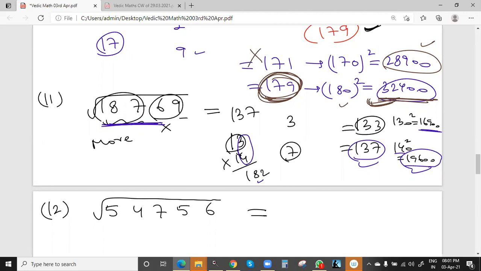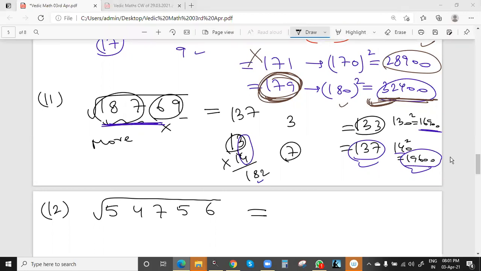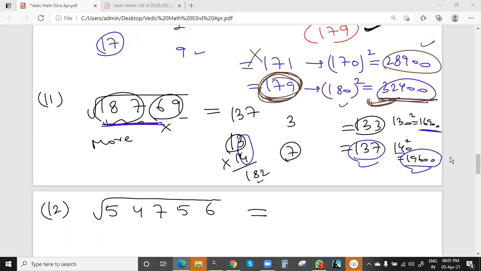Sir, did you get my answer? It's 234. 234 is the right answer. Ashish also got 234. Then Ananya, Diksha, correct. Roshan, Steve, right. Everyone giving the right answer.